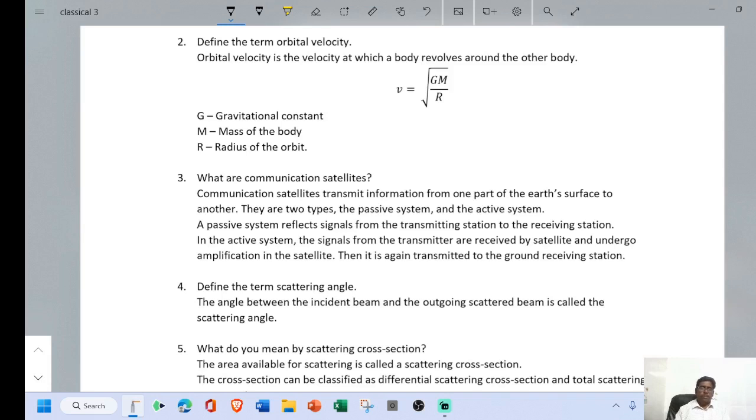A passive system reflects signal from the transmitting station to the receiving station. In the active system, the signals from the transmitters are received by satellites and undergo amplification in the satellite. Then it is again transmitted to the ground receiving station.